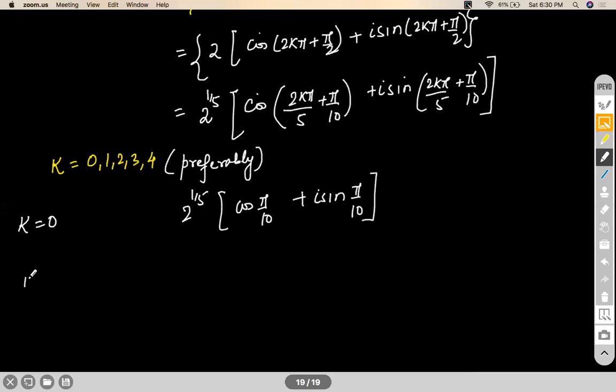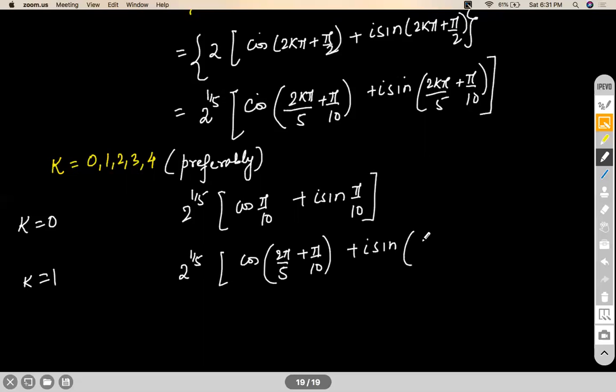If you put k as 1, what do you get? You get cos of 2 pi by 5 plus pi by 10 plus i sin of 2 pi by 5 plus pi by 10. For the purpose of simplicity, can we write this in Euler's form, or the exponential form, as e to the power i pi by 10?